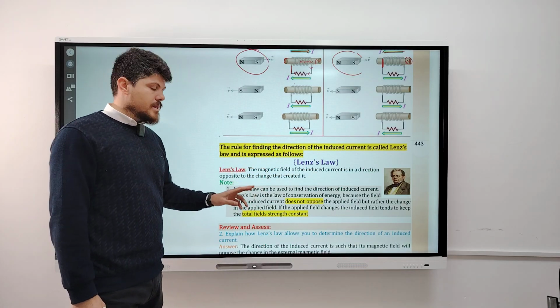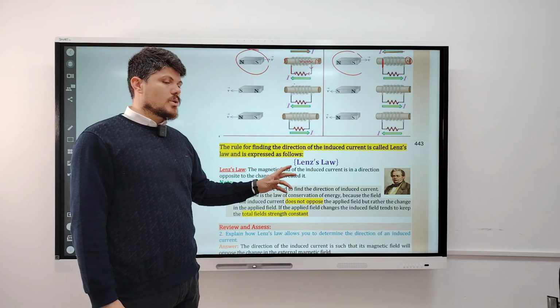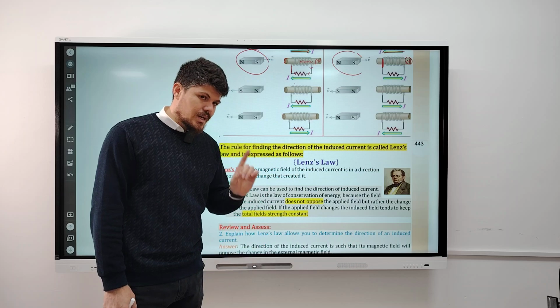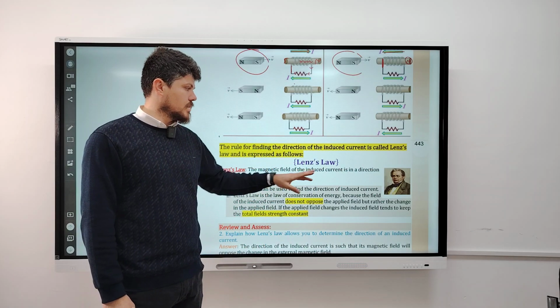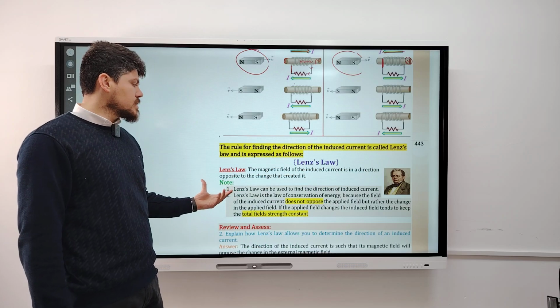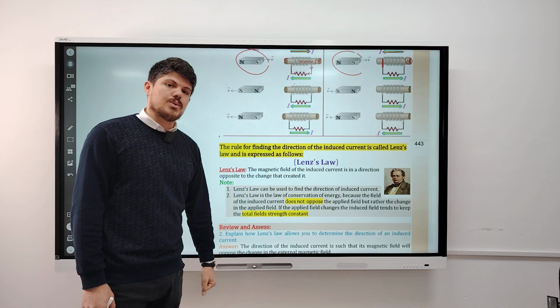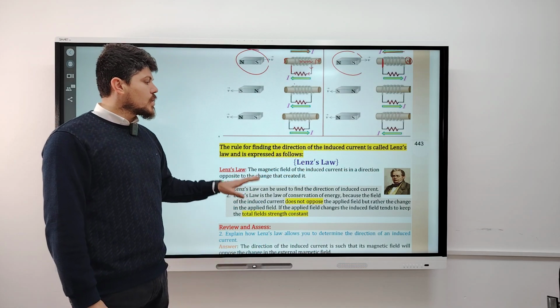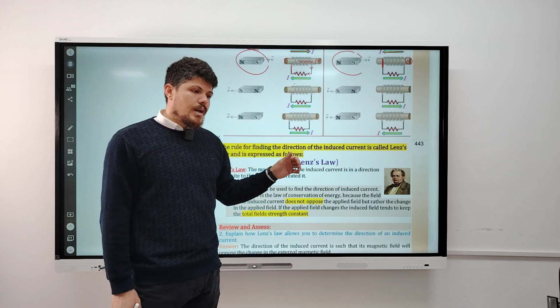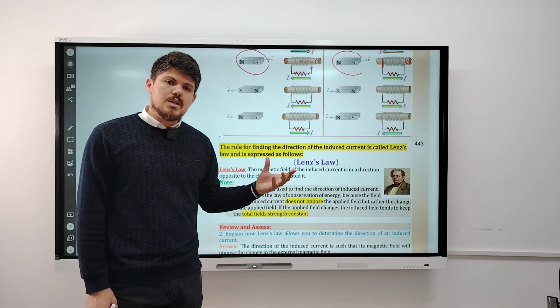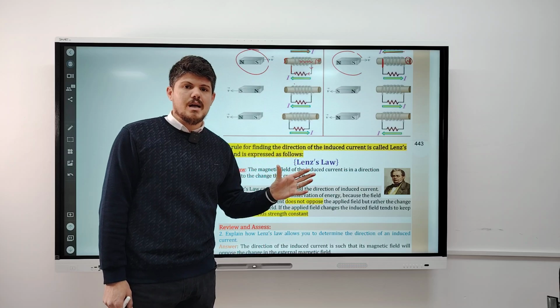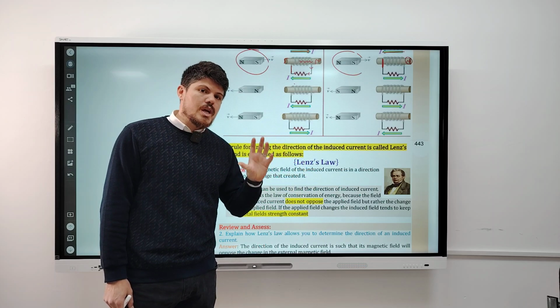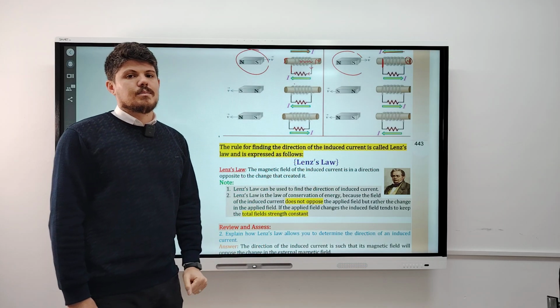Lenz's law states that the magnetic field of the induced current, the magnetic field of what? Of the induced current, is in a direction opposite to the change that created it. So according to Lenz's law, the induced magnetic field does not oppose the applied field, rather it opposes the change of the applied magnetic field.